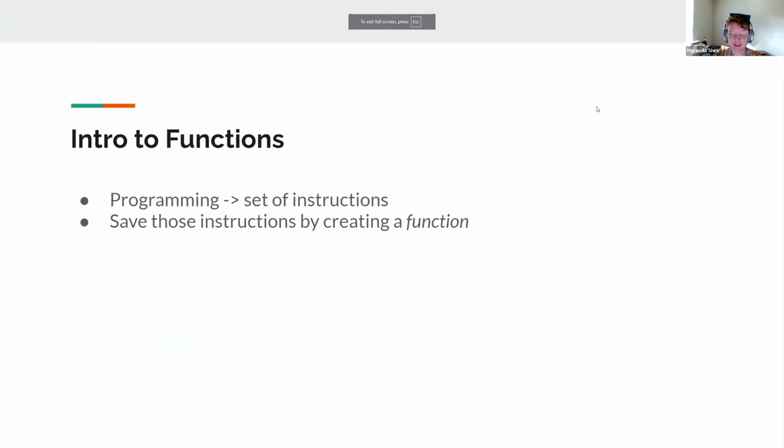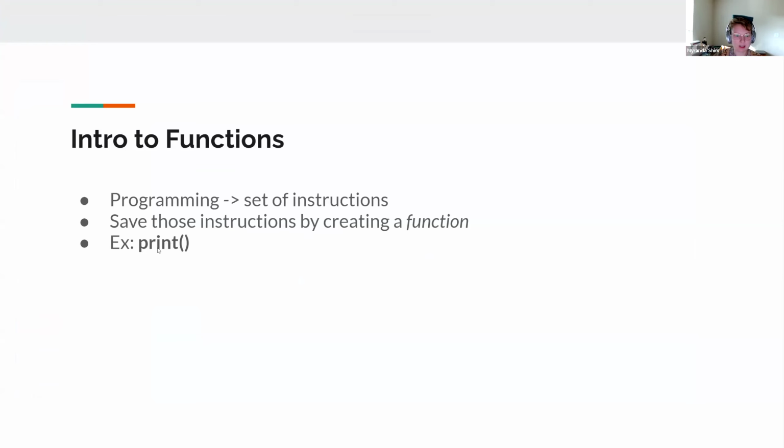Well, we can save our code, not just in a file, but we can save the instructions by creating a function. So for example, the print function. Python was very nice to us and provided this print function that takes whatever string or variable you put inside the parentheses and then puts it on the console.